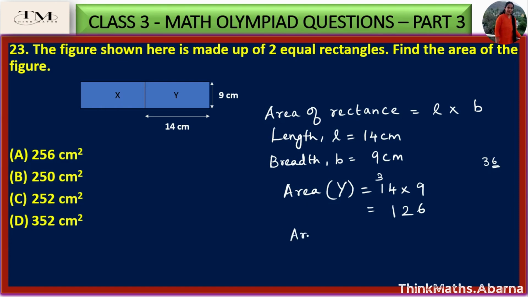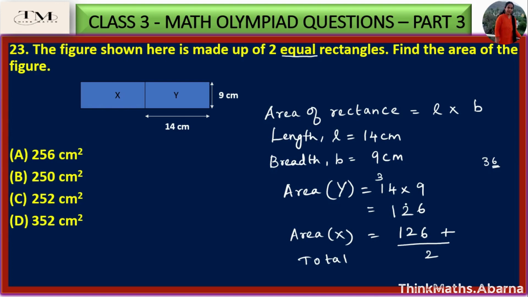What about area of X? Both are equal rectangles, so their areas will be the same. So area of X is also 126. Find the area of the figure. We have to find out the area in total. So total will be 126 plus 126. What is 6 plus 6? 6 plus 6 is 12.